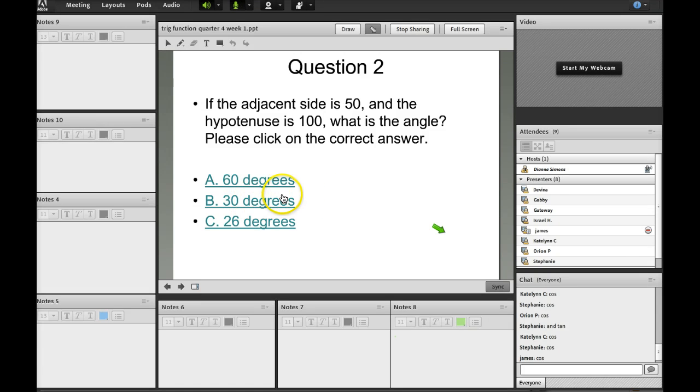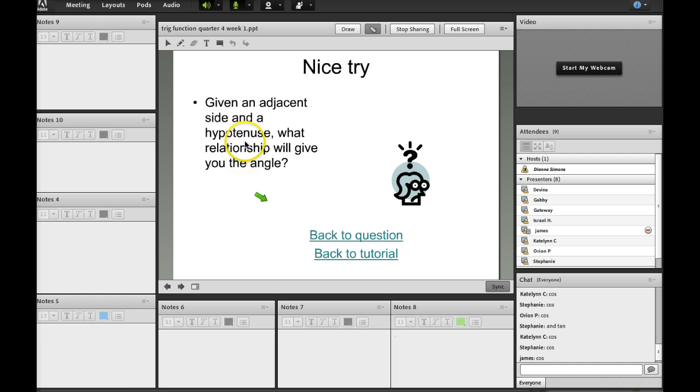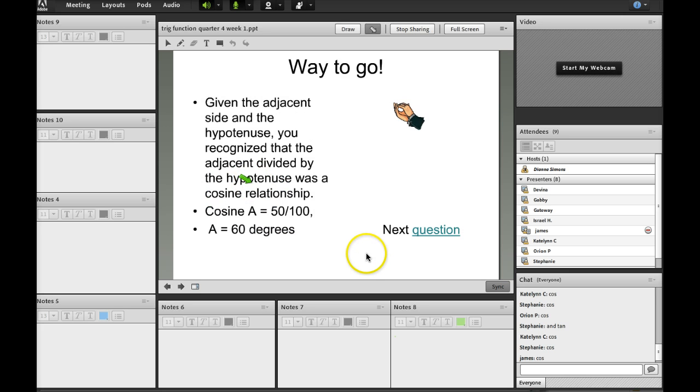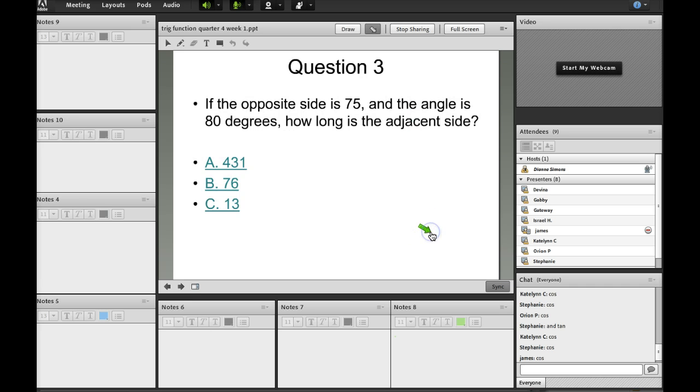All right, so it is going to be cosine, and it is cosine, because cosine of 60 degrees is 1/2. All right, good. Those of you that said the right one, yay.